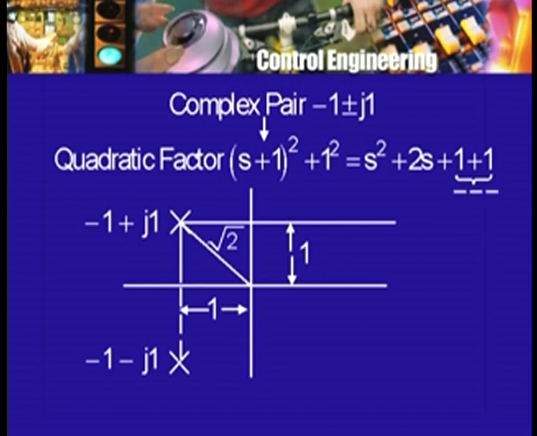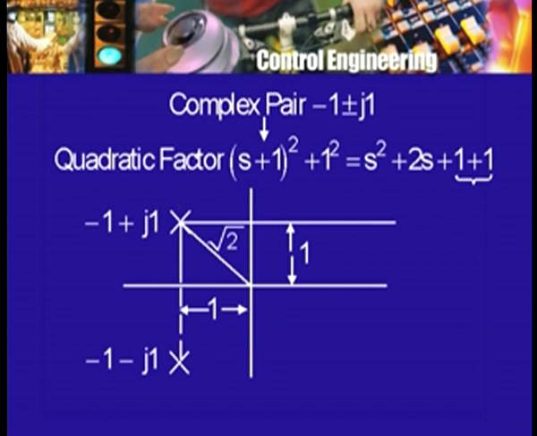Now, what is the significance of this 1 and 1 here? You can see in the general case that if I have a pair of poles here, then this corresponds to the real part of the root, this corresponds to the imaginary part of the root, and what we have here is the sum of the squares of the real part and the imaginary part. And what is that then? That is the square of the distance from the origin to the particular pole or zero.